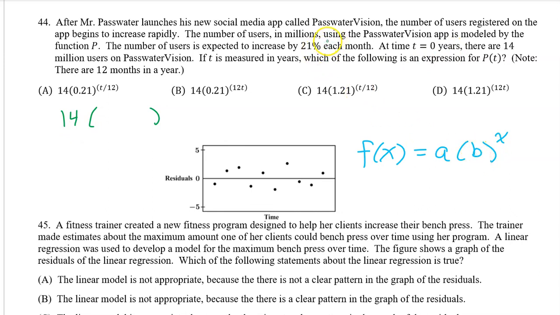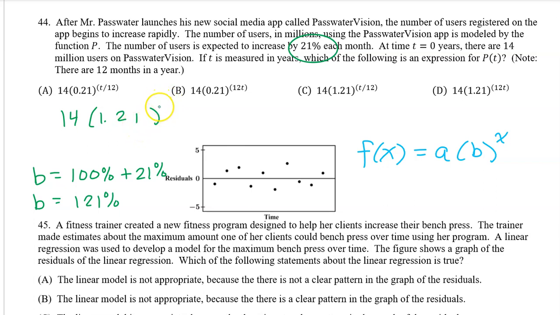We can get that from the 21% in the following way. B is going to be 100% plus the 21%. 121% as a decimal is 1.21. So that is the b value.